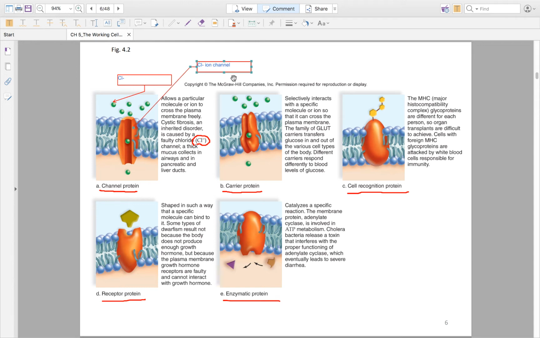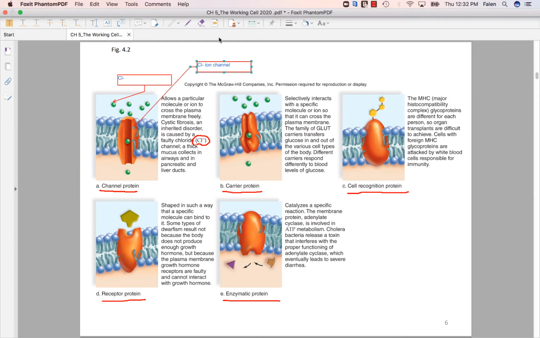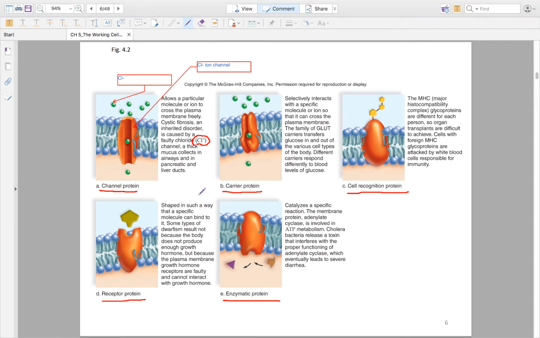Because if they don't, let's say there's a defect, then that's a huge disorder, like cystic fibrosis. Okay, for example, cystic fibrosis is a genetic disease. So people are born with it, unfortunately. And what the disease entails is this.